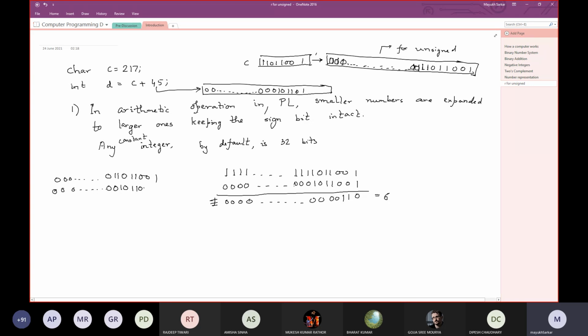Am I writing the same numbers? Yes. Now if you do the addition, you will get some bit pattern that will be equal to 262, because all the first bits are zeros, right?